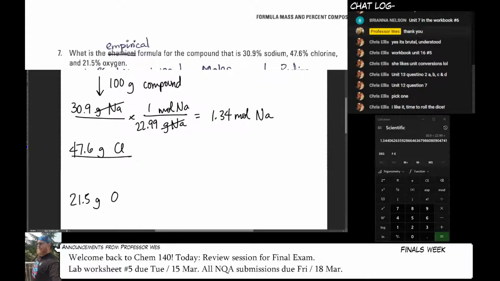All right, same thing for Cl. Except this one I do know. 47.6, 35.45. Oh, look at that. We get the same number. That's interesting, right?